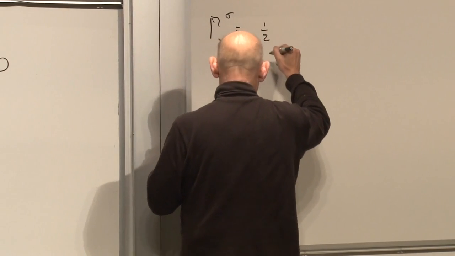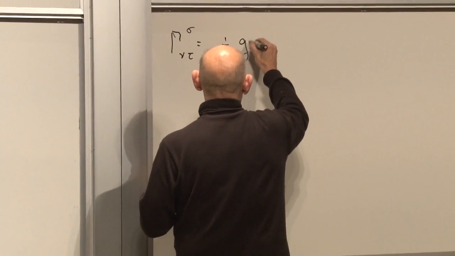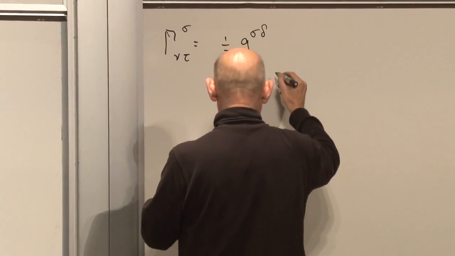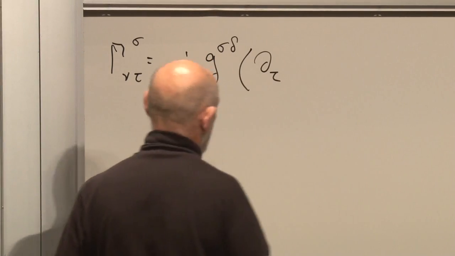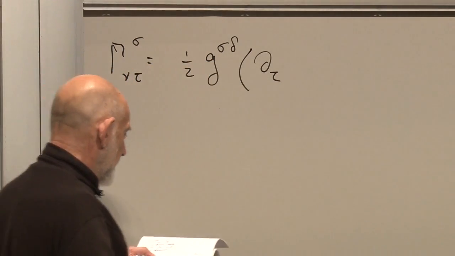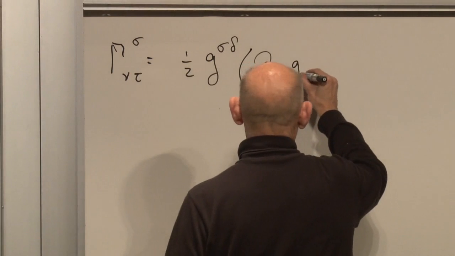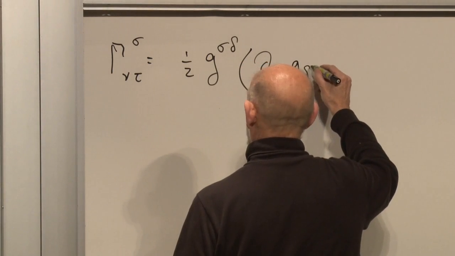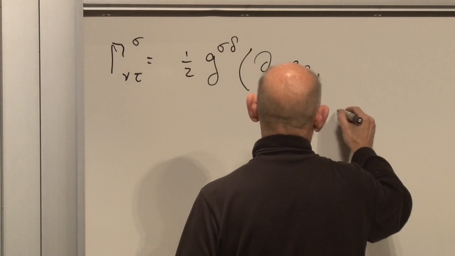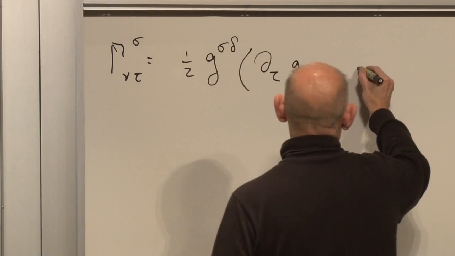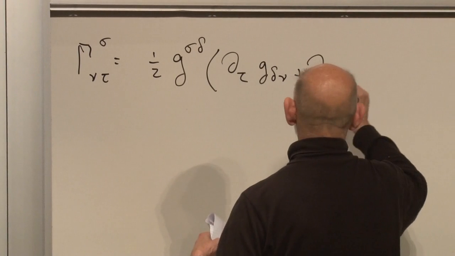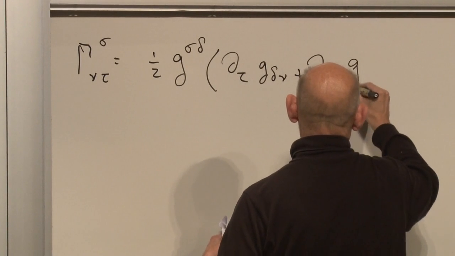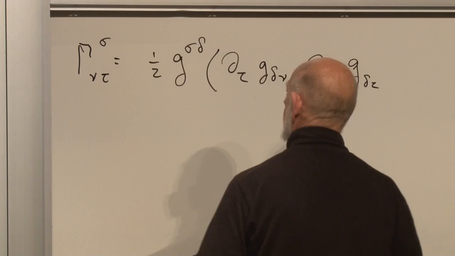This is equal to 1/2 g sigma delta times d tau, where d tau means d by dx tau, g delta nu, plus derivative with respect to nu of g delta tau.